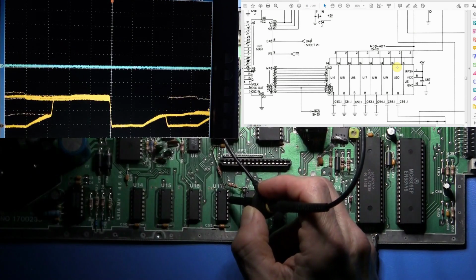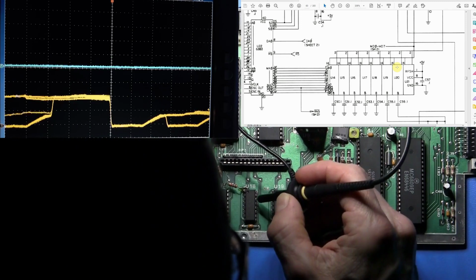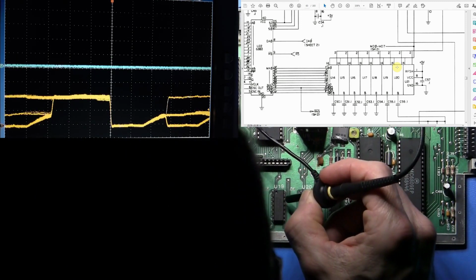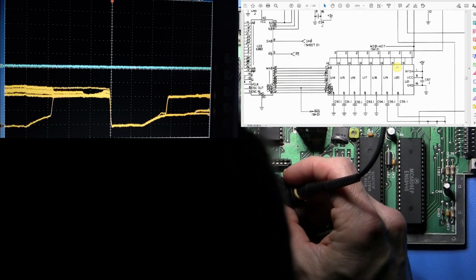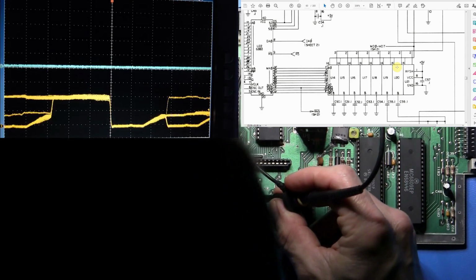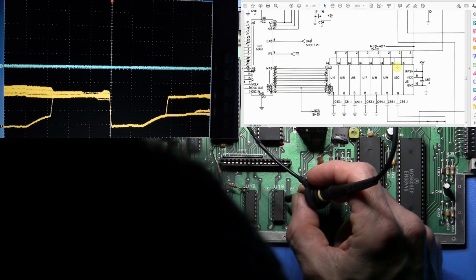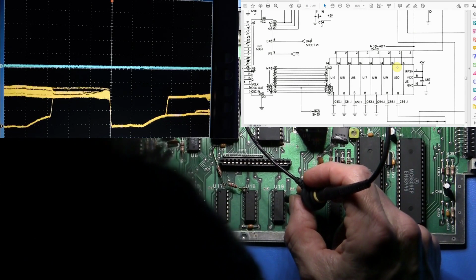D3, that looks the same. D4, that looks the same. D5, that looks a little bit different. Back to 4. That's D4. D5, I mean, it's toggling, but look at the difference, the different high levels.